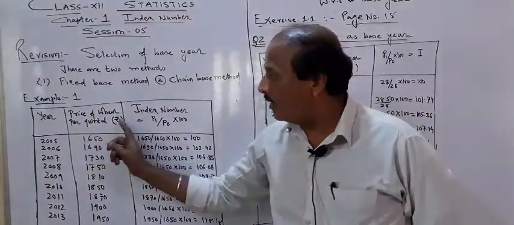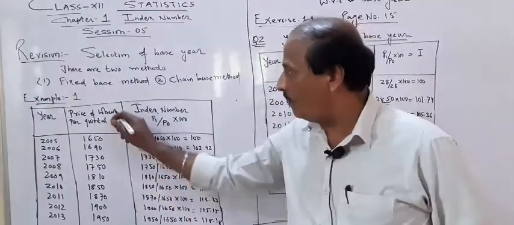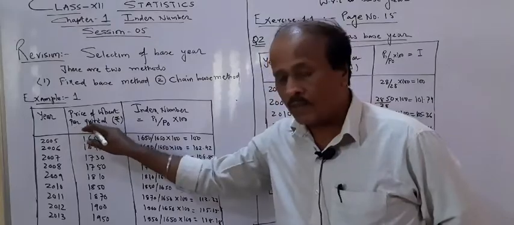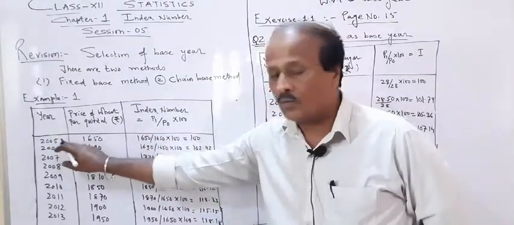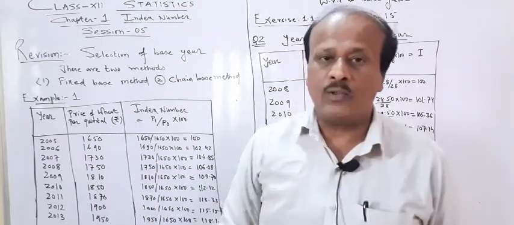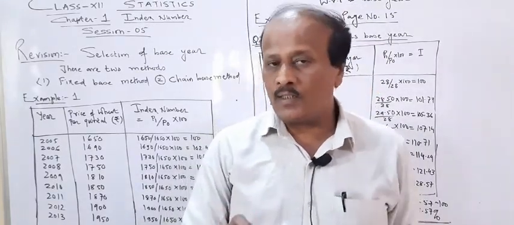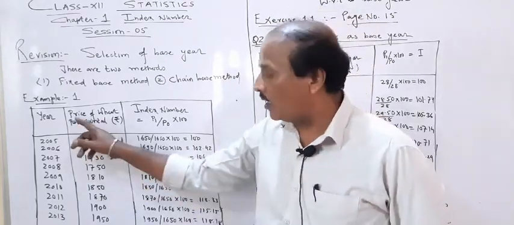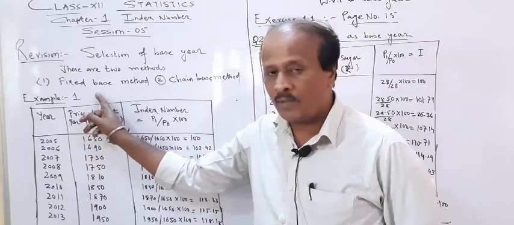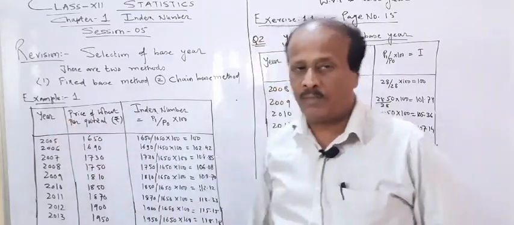Here wheat is considered to be the item or variable, its price is given per quintal, and the year is given as 2005. Read the question very carefully. In the question it will be given as: consider so and so year as the base year. As per example 1, the year 2005 is considered to be the base year.